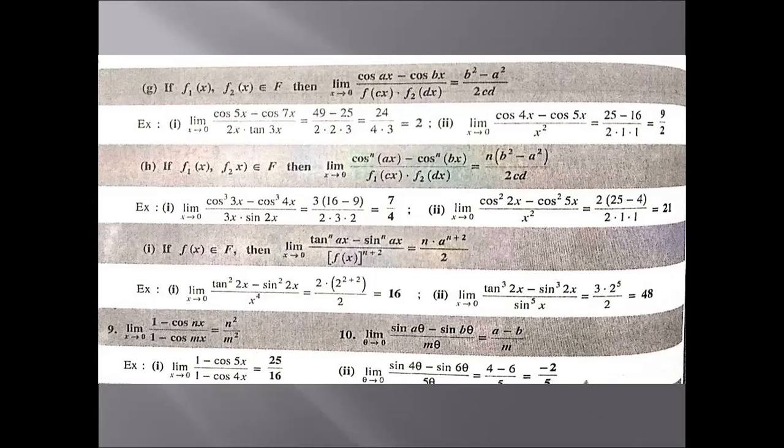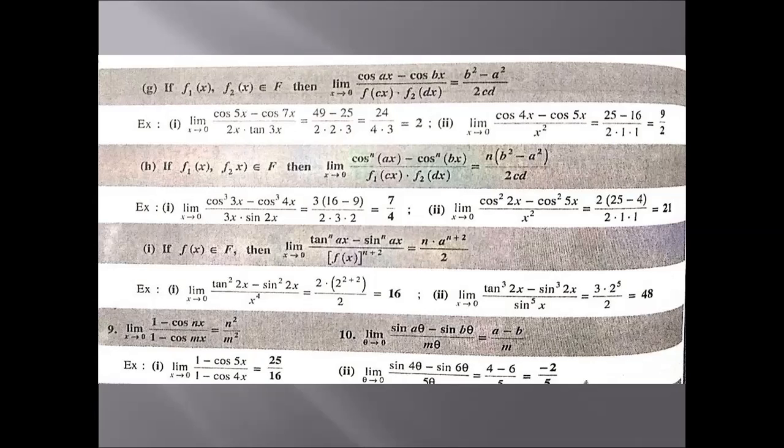The answer will be 3 times of 16 minus 9 divided by 2 into 3 into 2. The answer is 7 by 4. Limit x tending to 0 of cos square of 2x minus cos square of 5x divided by x square. The answer will be twice of 25 minus 4 divided by 2 into 1 into 1. The answer is 21.